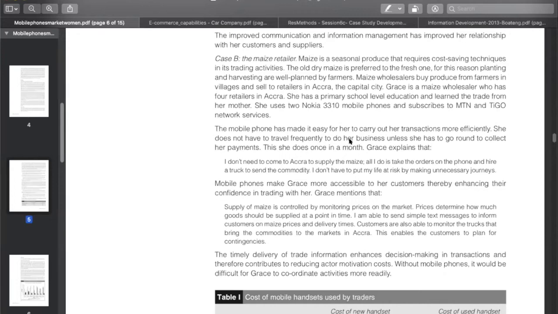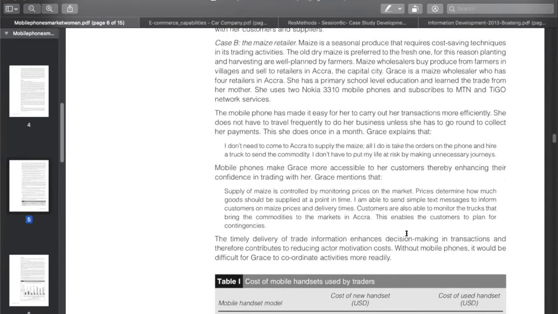Then we tell you the context of the person, that Grace is a wholesaler who has 4 retailers who work with her. But we are discussing her transactions as a retailer selling to customers. So if you look down here where I'm highlighting, she talks about customers, and the customers are direct people she's dealing with. She didn't talk about her wholesale business to the retailers.